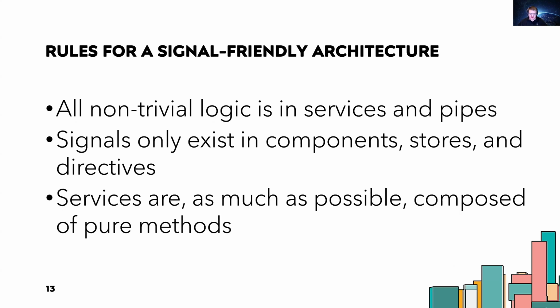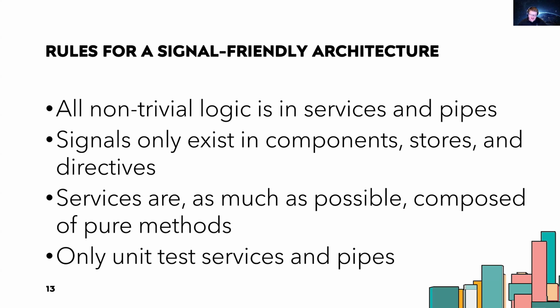Because we have this really nice delineation of where signals start and end, services can now easily be pure methods. They just take a value in, it doesn't matter that it came from a signal, and return some other value. If they need to perform side effects, of course they can, but to keep unit testing easy and a clear flow of logic, pure methods, as much as possible, is the way to go. Then only unit test those services and pipes, since that's where all the logic is.